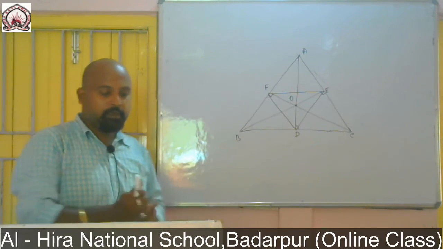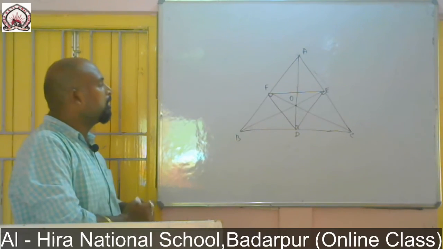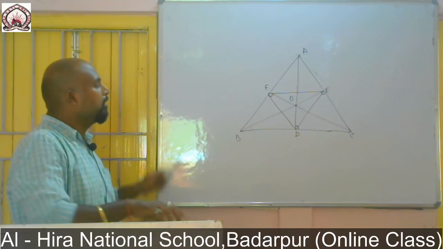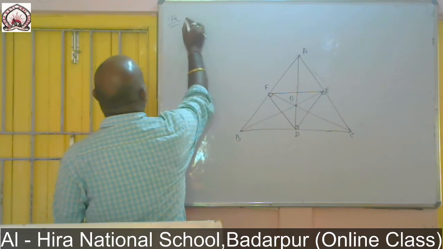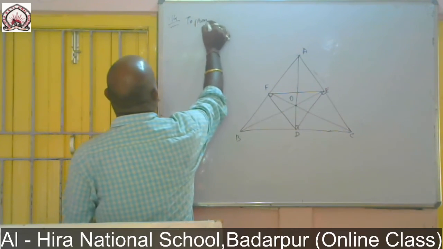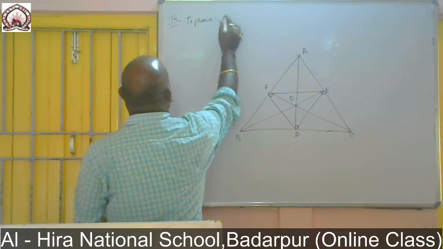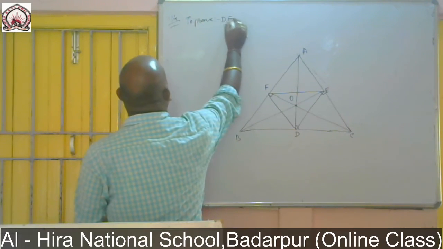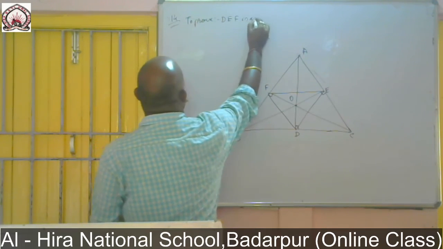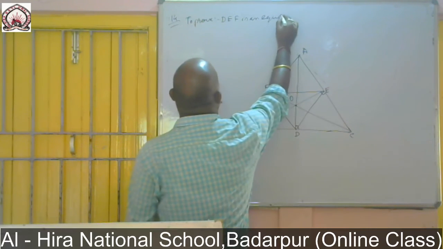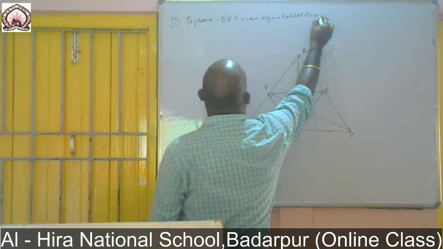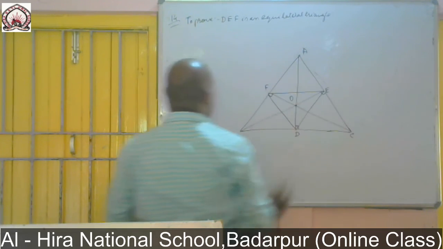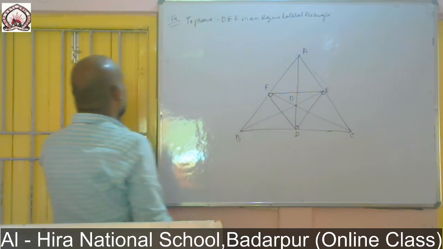Now, question number 14: to prove DEF is an equilateral triangle.